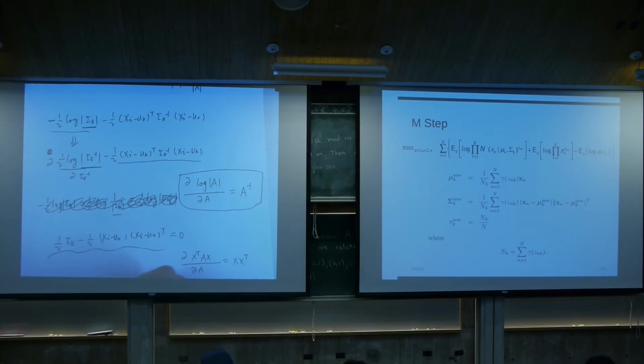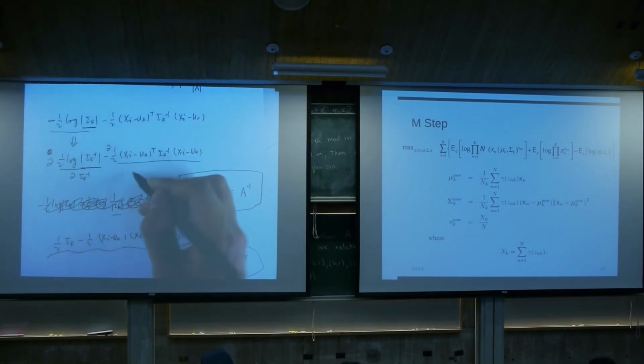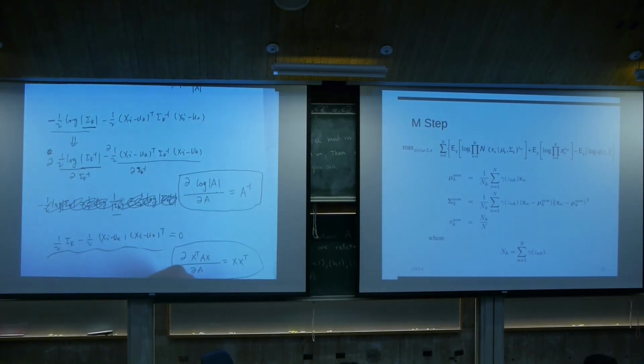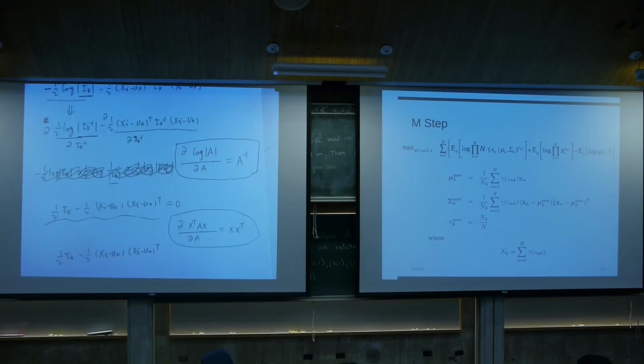So using this property, this term with sigma k inverse becomes xi minus mu k times xi minus mu k transpose. Xi minus mu k is x here, and using this property gives you this one.